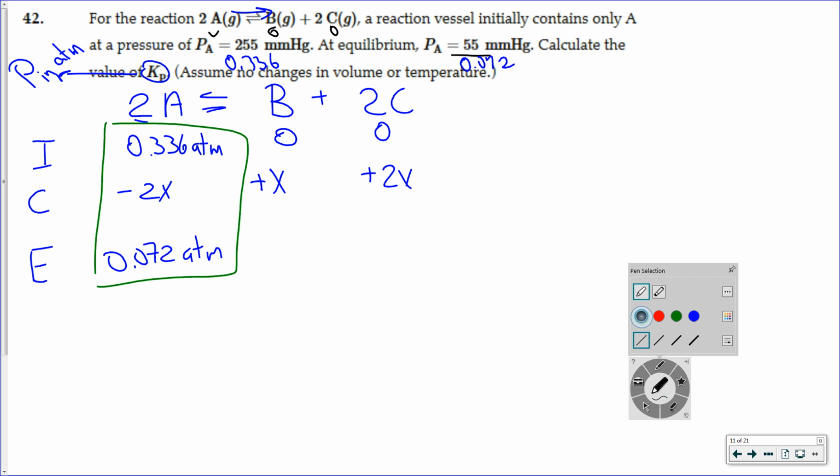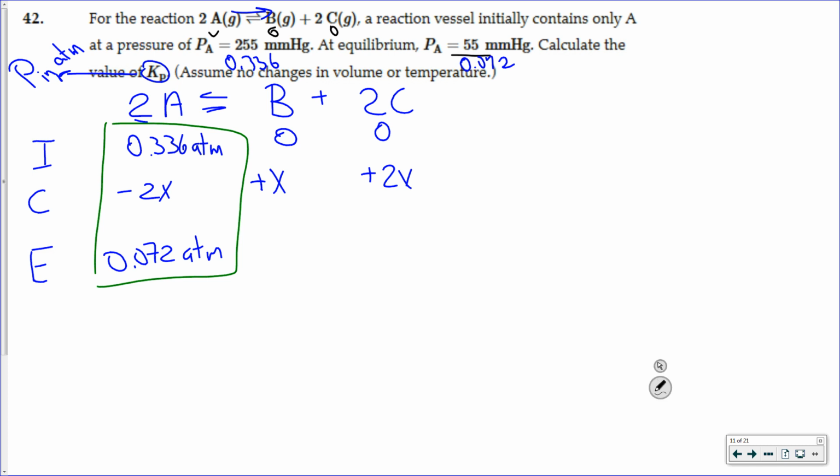Okay, so let's figure that out. We know that 0.336 minus 2X is equal to 0.072. We're just going to solve for X. Subtract the 0.072 from this side, that gets it over here, and then add the 2X to both sides.